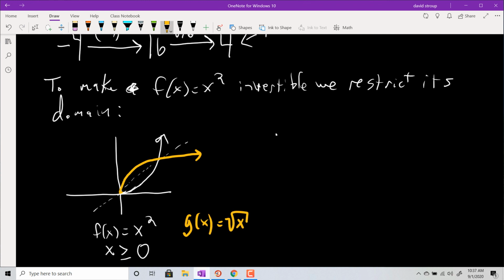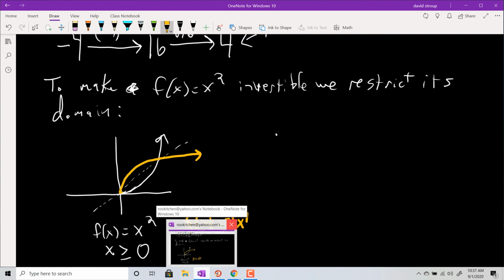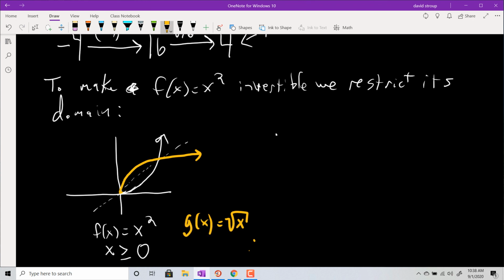And again, the range is going to be 0 to infinity, and the domain for this is also going to be x greater than or equal to 0. So we could do that, or, all we need is for the graph to pass the horizontal line test, so we can also take the other half.